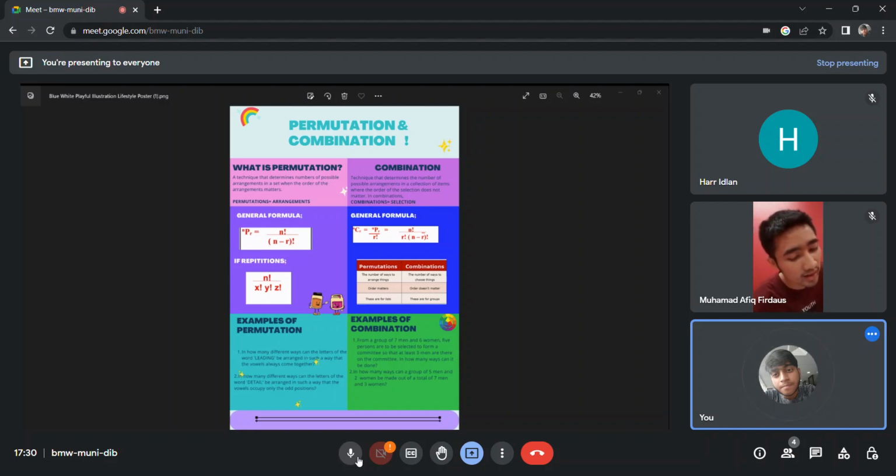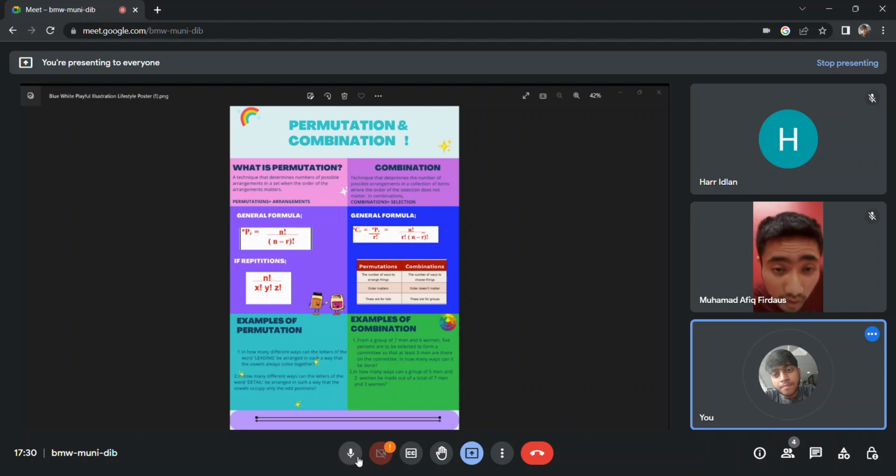E, A, I become one letter, and the balance is L, D, N and G, which gives us 4 plus 1, which is 5. So these 5 letters can be arranged in 5 factorial ways, times 3 factorial, because the vowels E, A, I that are tied together can be arranged in 3 factorial ways.